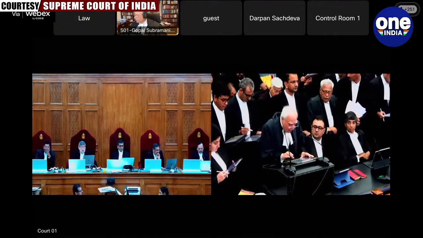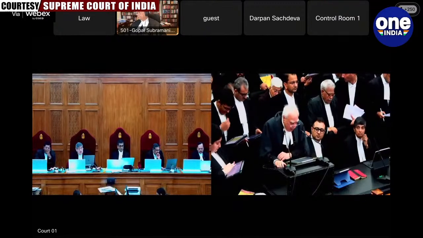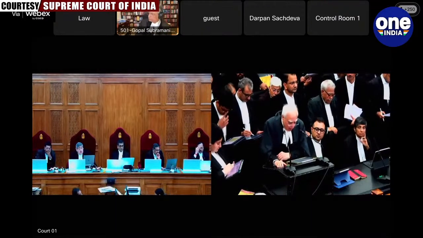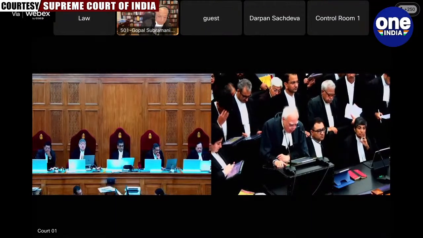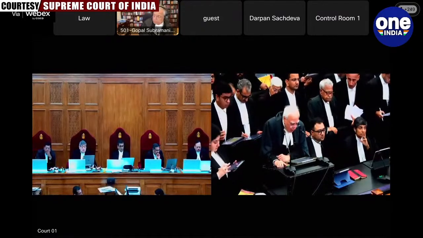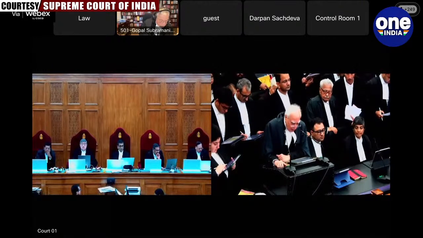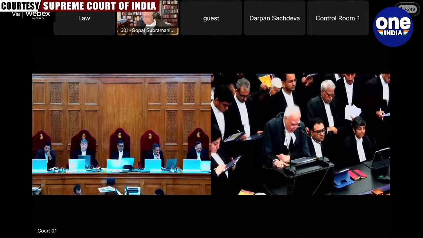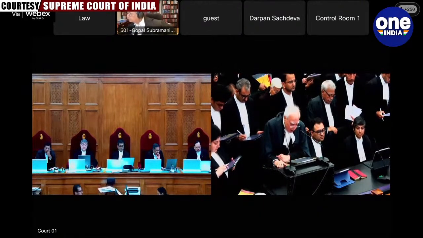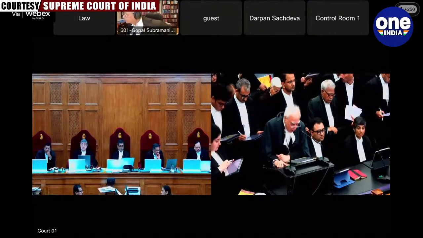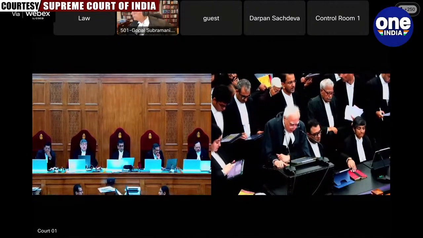While examining the above contentions, it is necessary to consider the claim of the respondents that the amending power under 368 has the full constituent power. It has been suggested that on every occasion the procedure is followed as laid down in Article 368 by the two houses of parliament and the assent of the president is given.